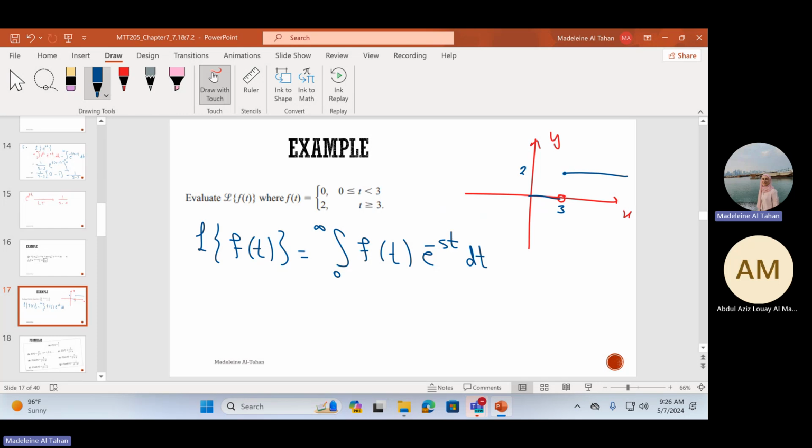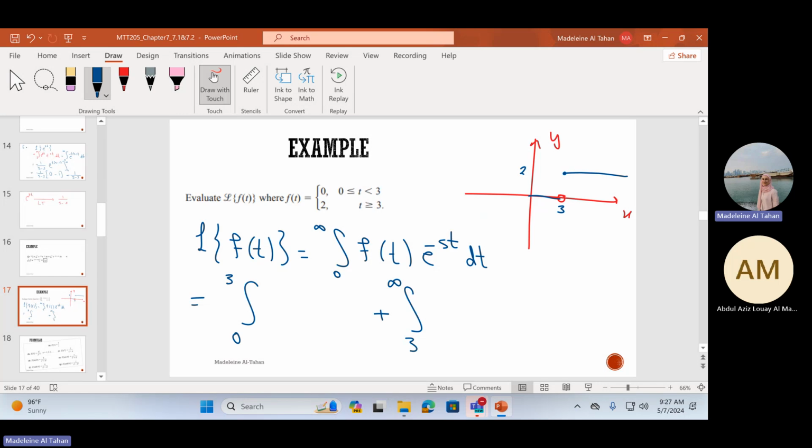How will I handle this problem? These two values are over different intervals, right, Miss? So how can I divide this integral? From 0 to 3 plus from 3 to infinity.